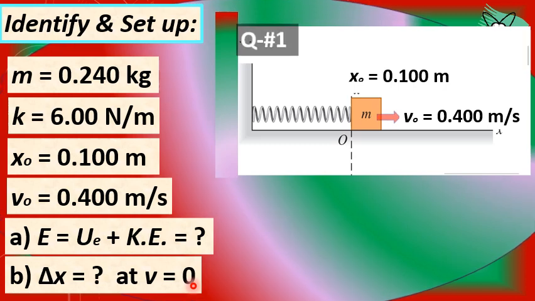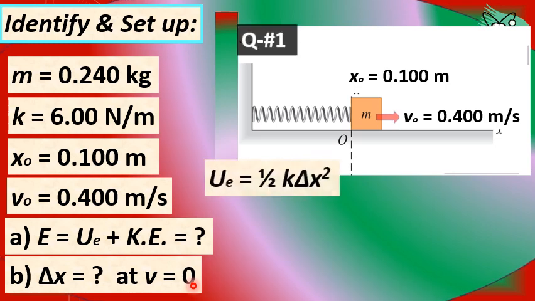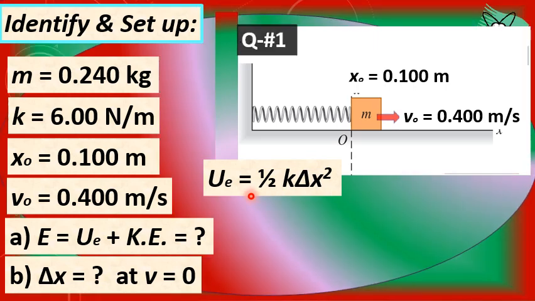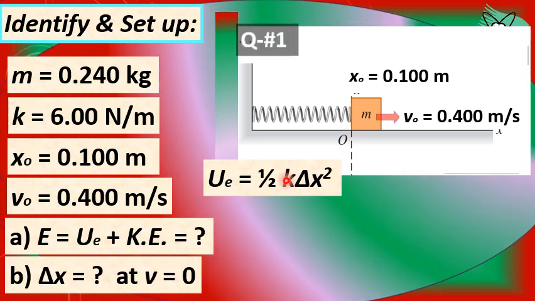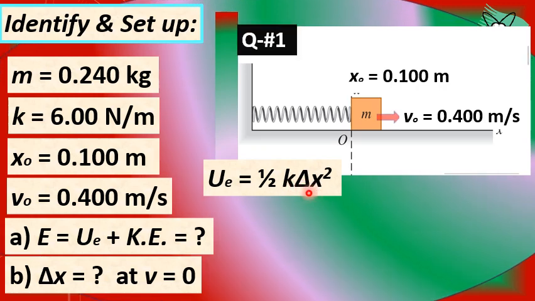To compute the total mechanical energy, we use the formula for the elastic potential energy, denoted by capital U sub E, equal to 1 half the product of the force constant K and the change in the horizontal distance, delta x squared.